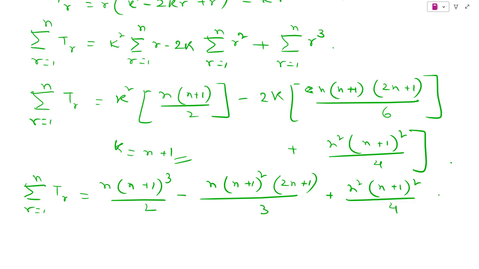Okay, so let's pull out the greatest common factor, which is n into (n plus 1) whole square by 12, right?